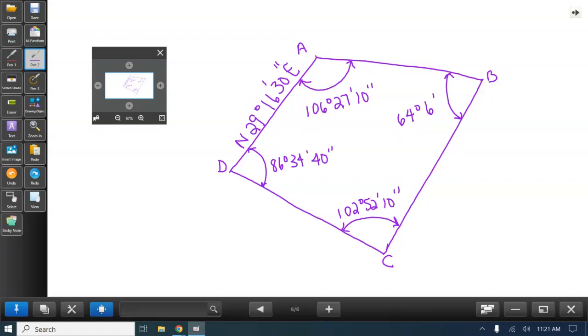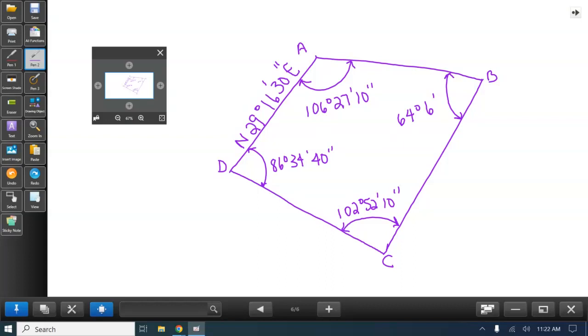Make sure I don't make a mistake writing it down. Okay, so I got it right.